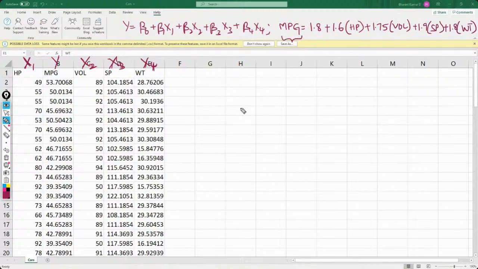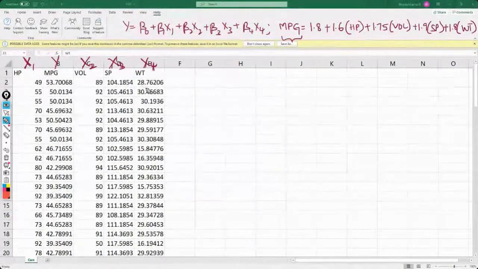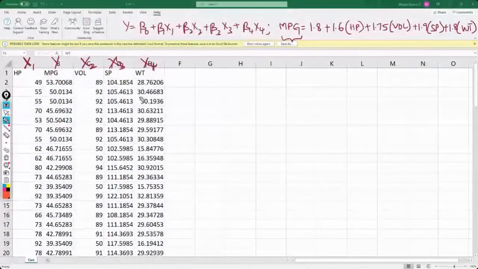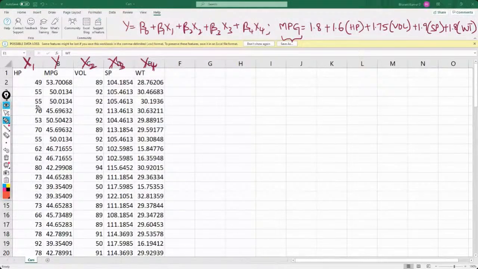Obviously your answer will be weight. Weight will have the least influence on mileage because among all these X values, weight has the least numbers. That's 28, etc. Here it's 104, 89, so on and so forth. So weight will have the least influence on mileage.